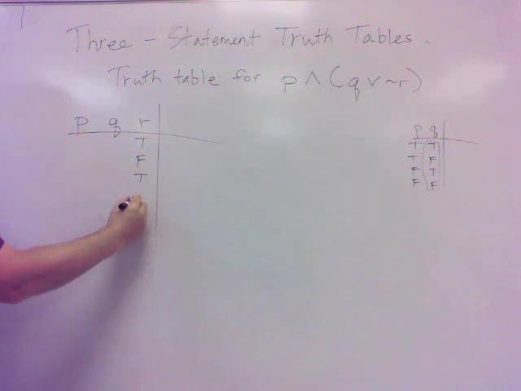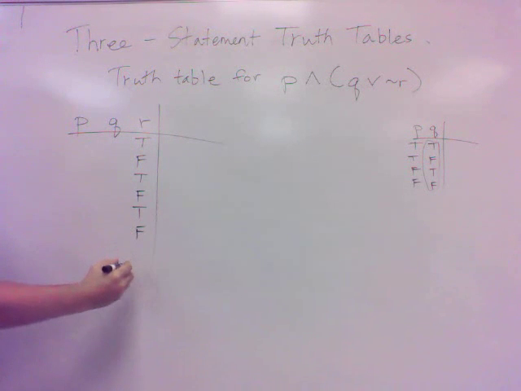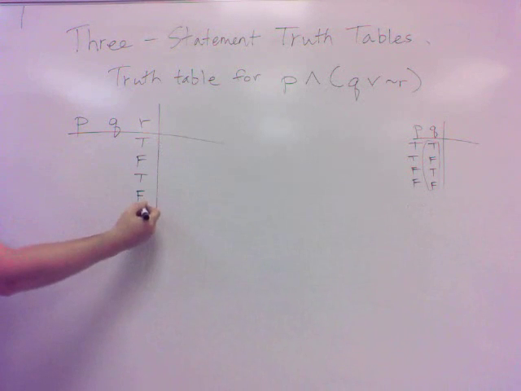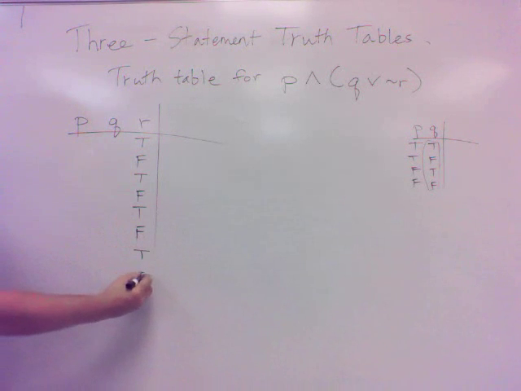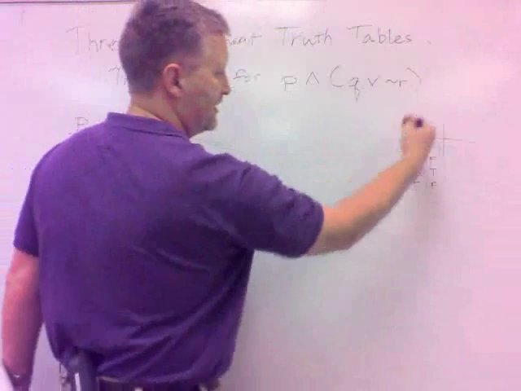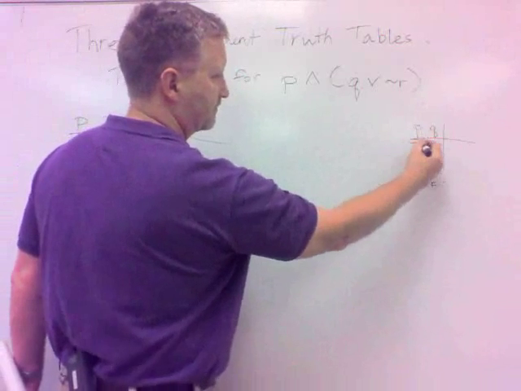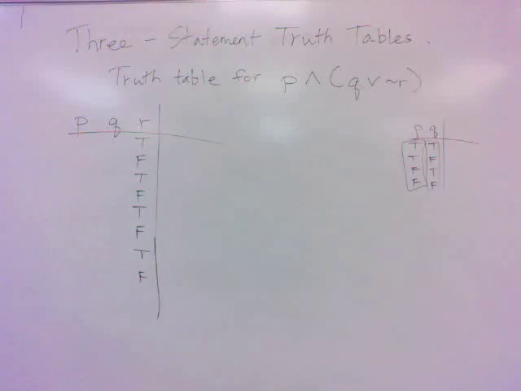Now, like I said, we are going to need more lines, and so I'm going to go more than 4 here. I'm going to do 8. I'm going to do true, false, till I have 8 lines. And I'll explain why here in just a second. Okay, if we then go next over in the two statement one, that's doing 2 trues, 2 falses.